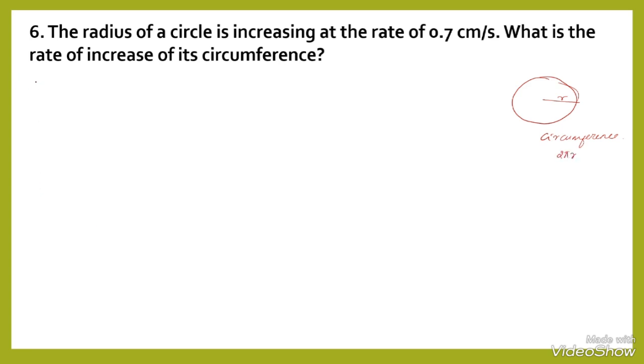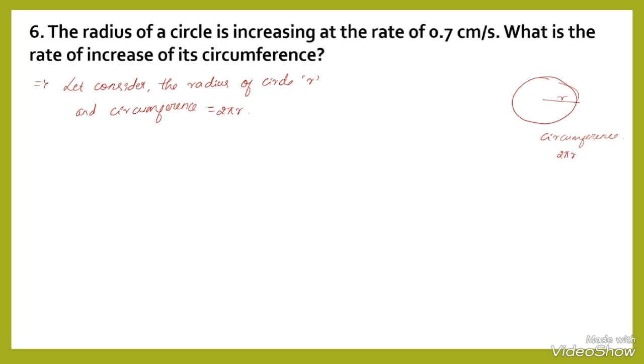Now, here, let's consider the radius of the circle will be r, and the circumference will be 2 pi r.